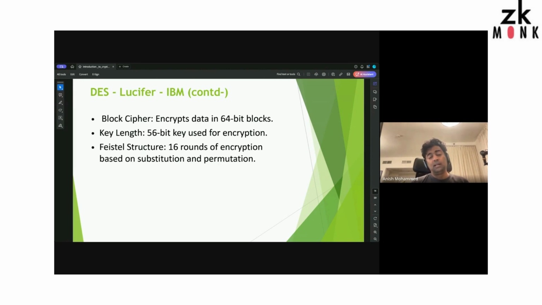They have a construct called Feistel ciphers, which I describe briefly on the next slide. But in summary, IBM in the 1970s created a new cipher. Initially the proposal was 128 bits, but it goes to NIST, NIST gives some feedback, and when it comes back the key length is reduced to 56.